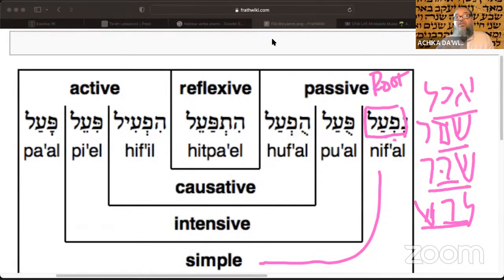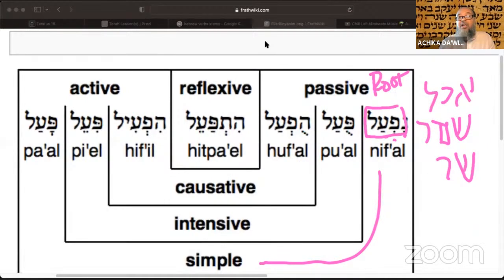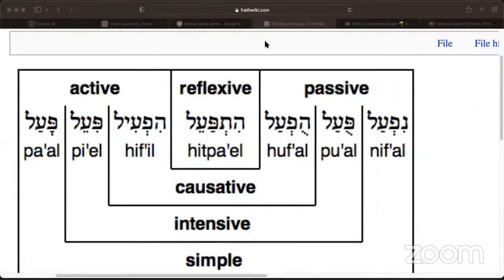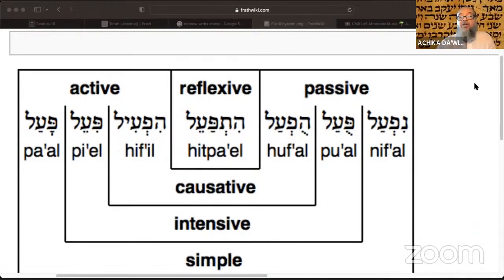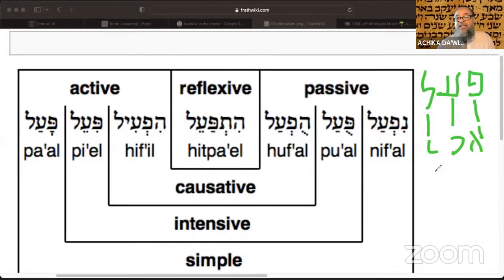So the first letter of pa'al, and let me just write it out for you, the first letter of the pa'al, I'll put it right here, is going to correspond to whatever the root is. The second letter is going to correspond to that letter, and the third letter is going to correspond to that letter.